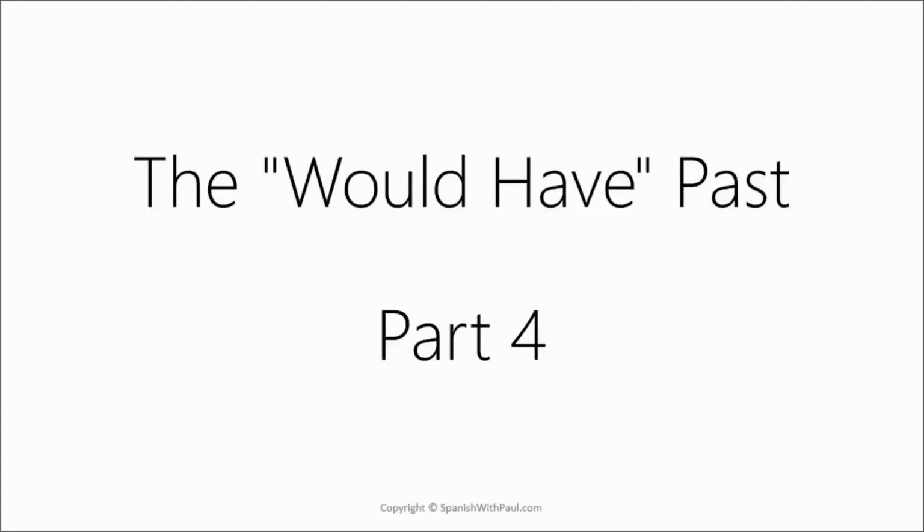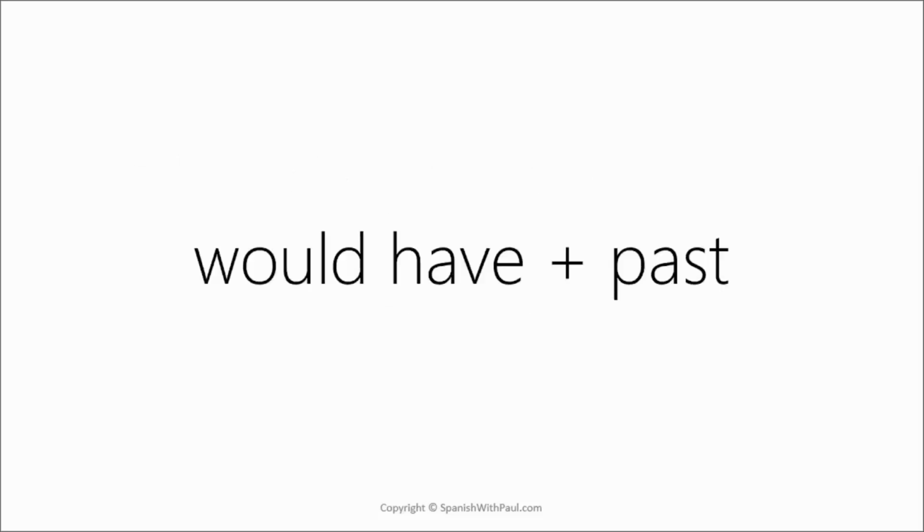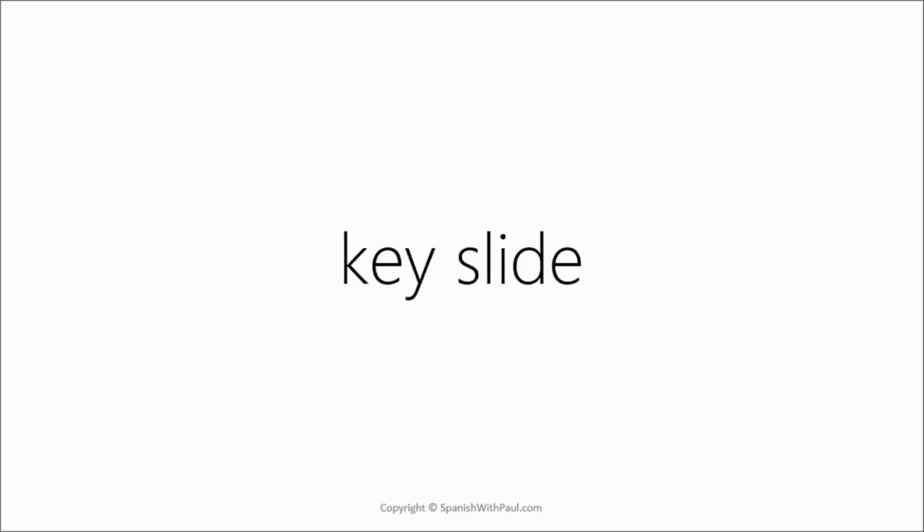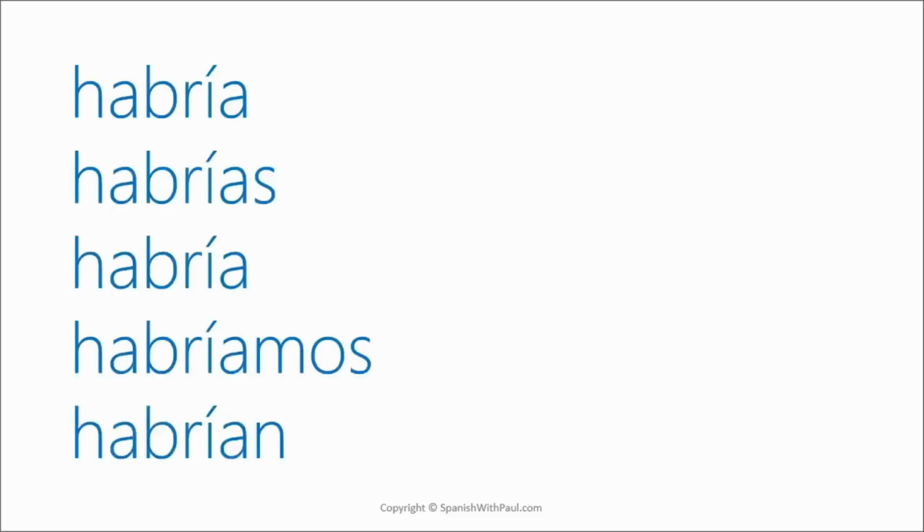Let's do a little review now of what we've covered so far. What we're talking about really is would have with the past. And we have this one key slide that opens the door to all of that, where we have habría, habrías, habría, habríamos, and habrían.